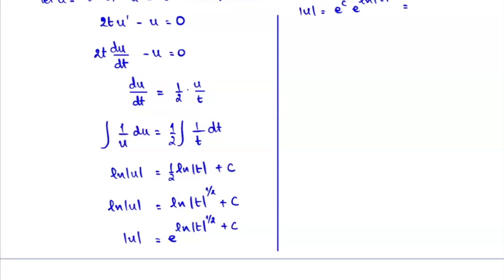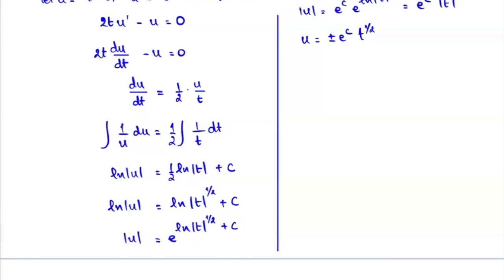When e and ln cancel out, you get just absolute value of t to the 1/2. And then you break the absolute value, and you get u equal to plus and minus e to the c times t to the 1/2. Sorry, no more absolute value, just t to the 1/2.